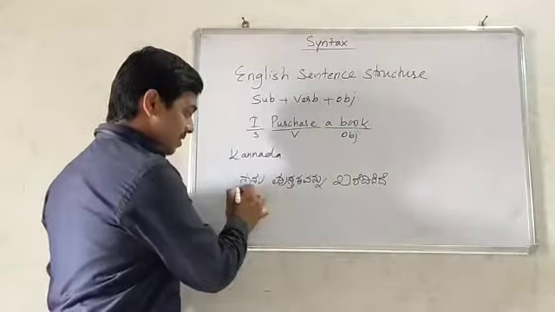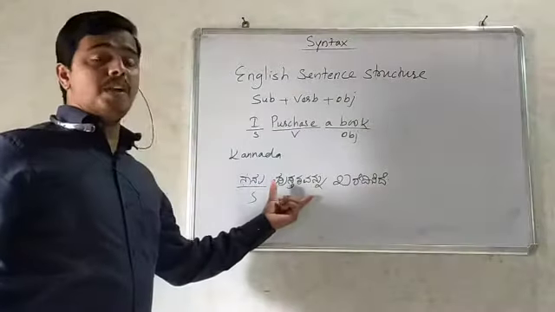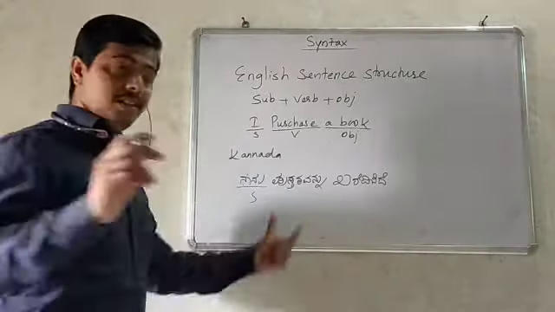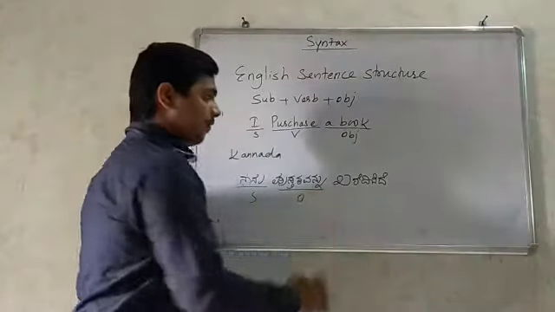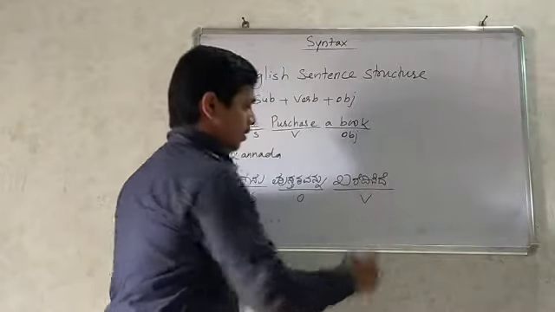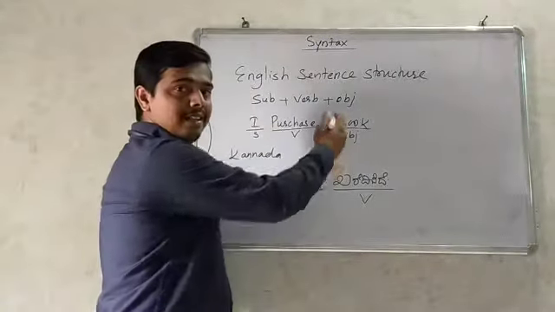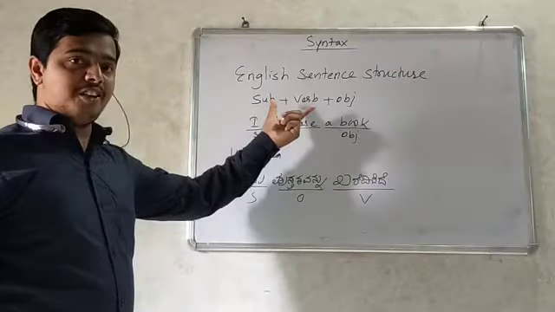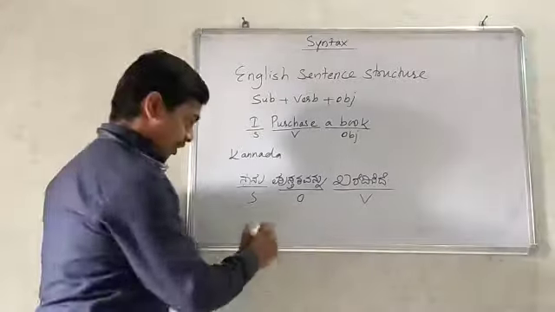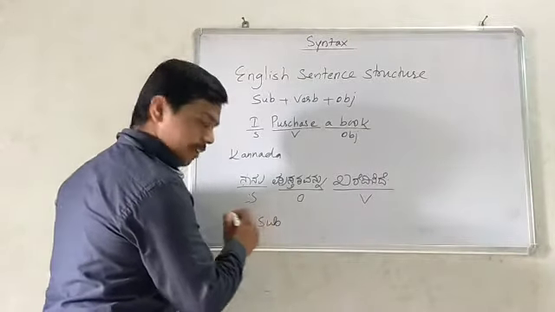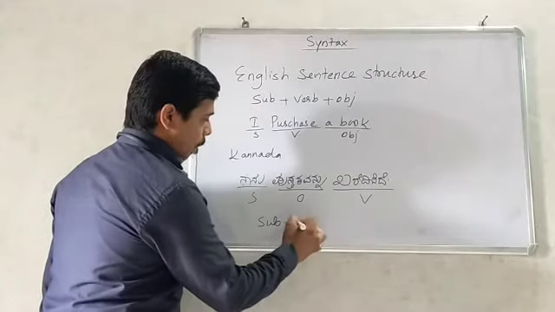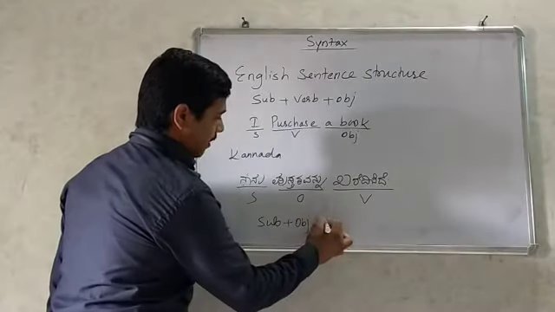Nanu is the subject, pustaka, the book, is the object, and kharidiside is the verb. This is the sentence structure in the English language, and this is the sentence structure in the Kannada language. In Kannada there is a different sentence structure: first subject, then object, then verb.